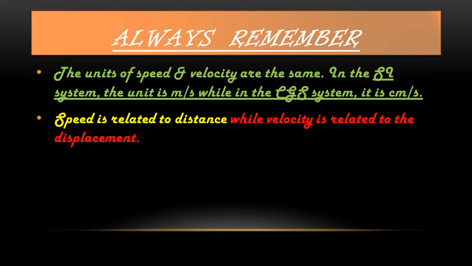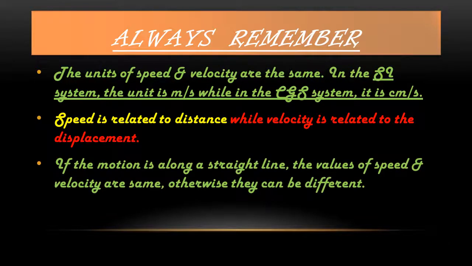Second point, speed is related to distance traveled by an object, while velocity is related to displacement covered by the object. And if the motion is along a straight line, the values of speed and velocity are the same, otherwise they can be different.